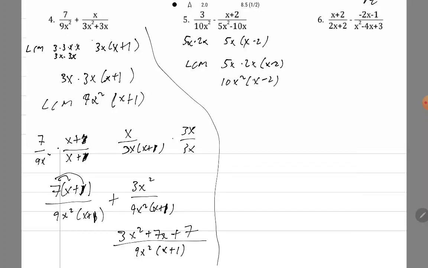Okay. I'm going to change that 3 over 10x squared. That's just missing an x minus 2. And then we're going to change the x plus 2. That's just missing 2x.